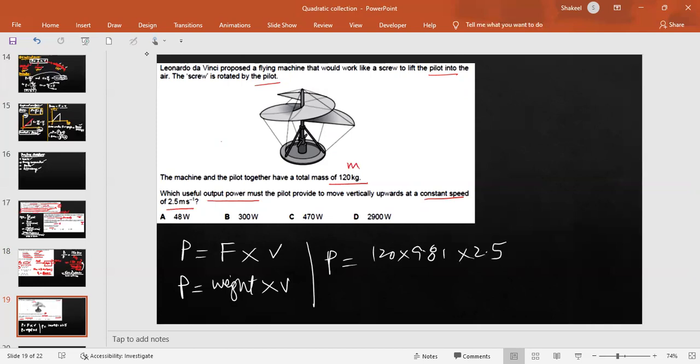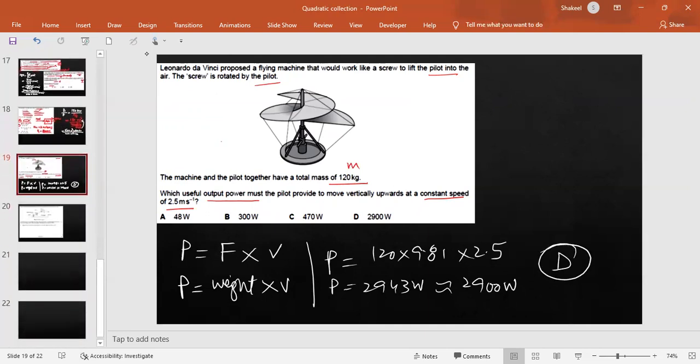Let me see what the answer is: 120 into 9.81 into 2.5. That is 2943. Power is 2943, that is about 2900 watt. So it is option D.